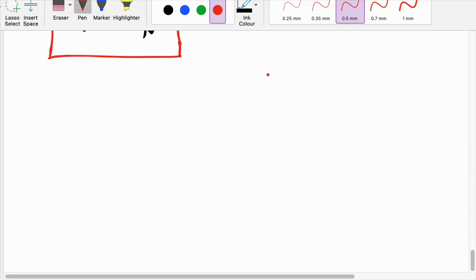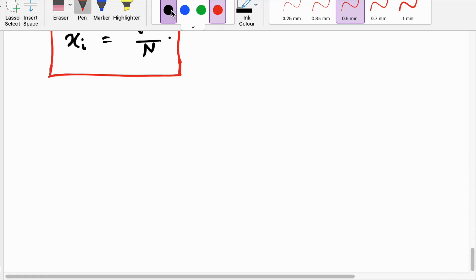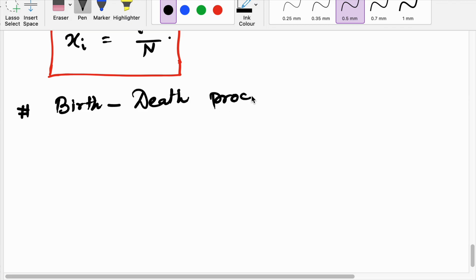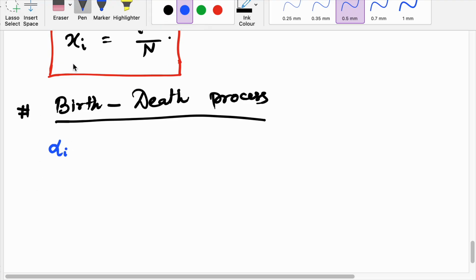Now in place of this, I want to write this formula for any general birth death process, no fitness difference, but any birth death process. So suppose the probability of birth is alpha I.